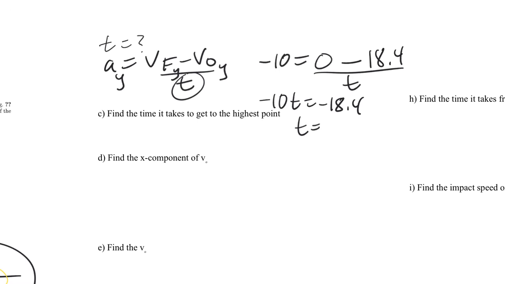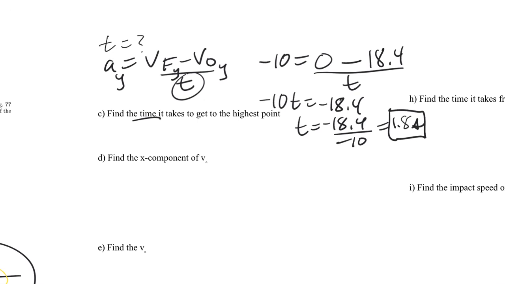So T equals negative 18.4 divided by negative 10, which simply equals 1.84 seconds. I'll just say 1.8 seconds. So that's the time it takes to go to the top, the highest point.